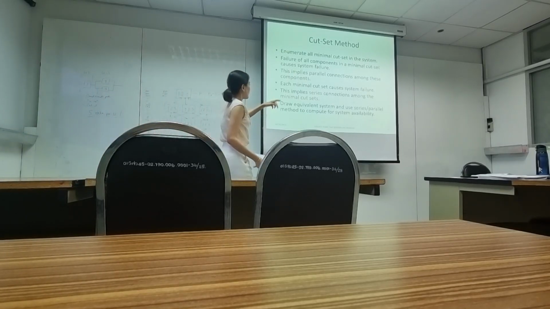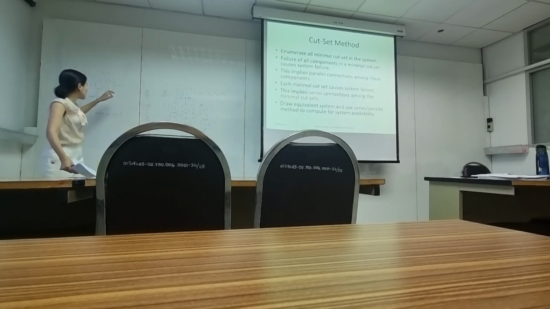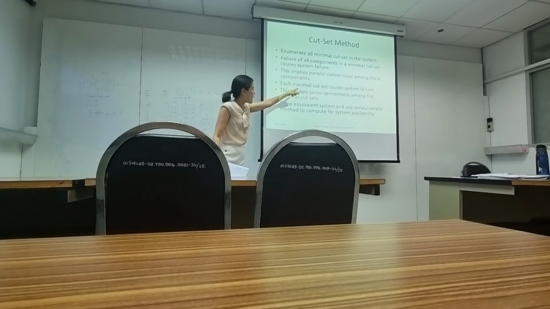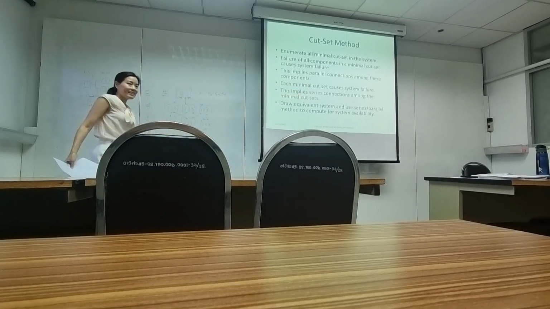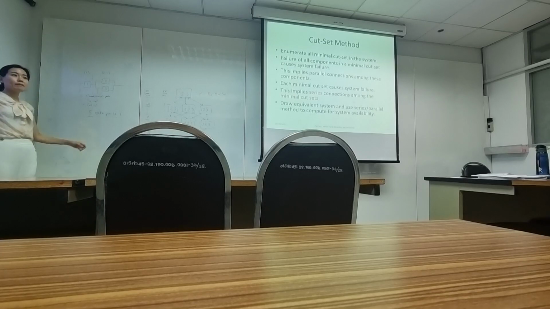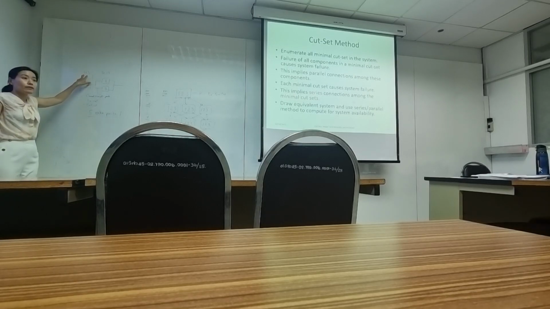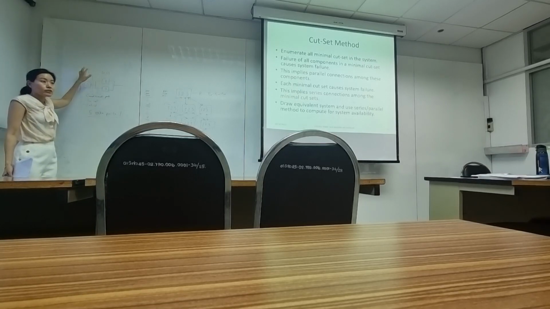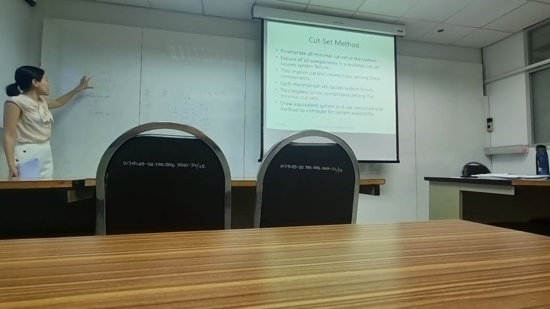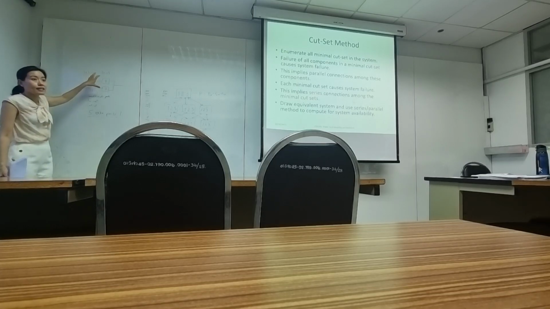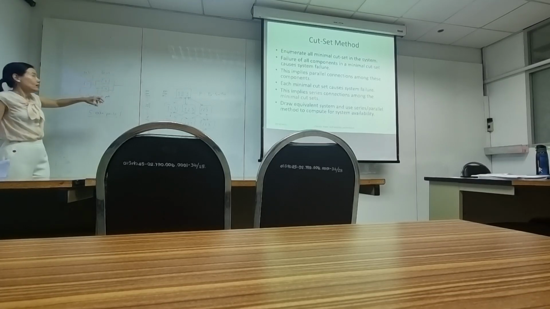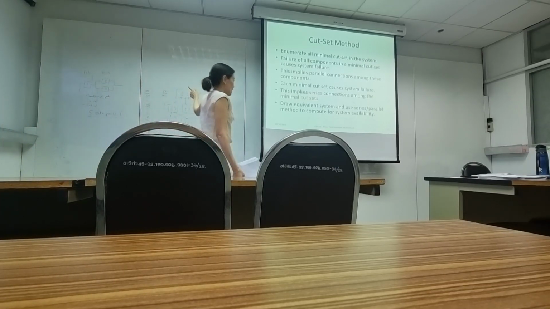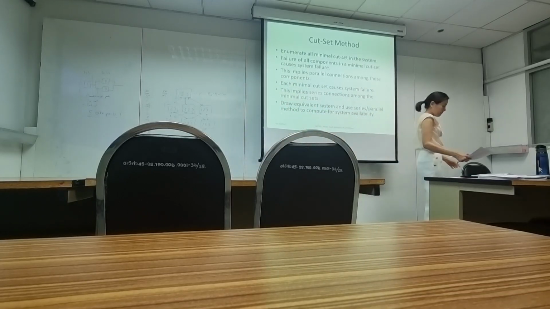This implies that there will be parallel connections among these components, and each minimal cut set causes system failure, meaning that if one fails, the whole system fails. If 2 and 3 fail, they cause the whole system to fail. So that means that each of the minimum cut sets has to be connected in series. So that's why you get the minimum cut sets of 1 and then 2, 3.